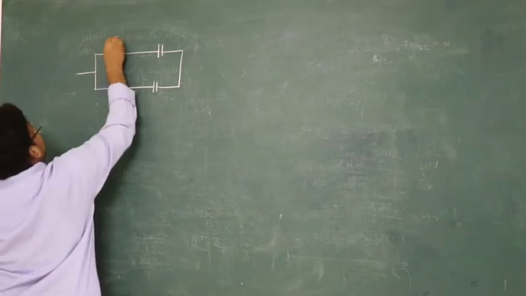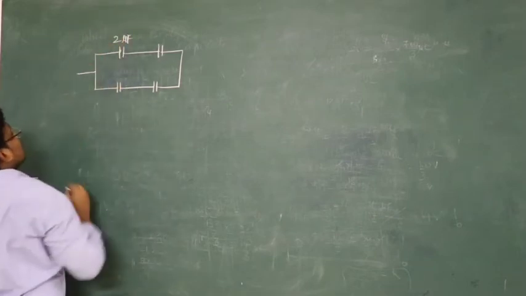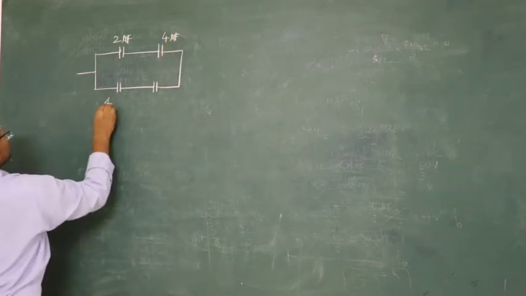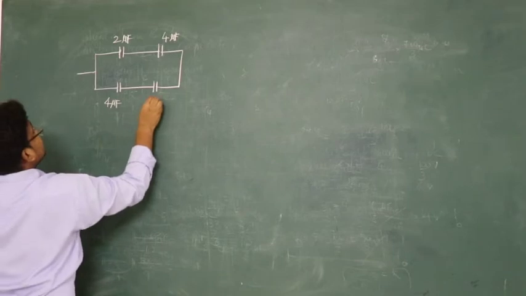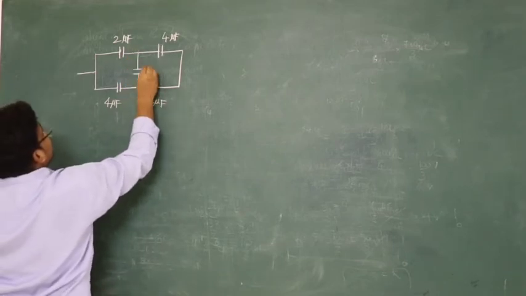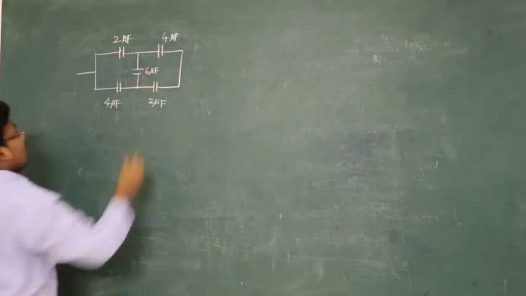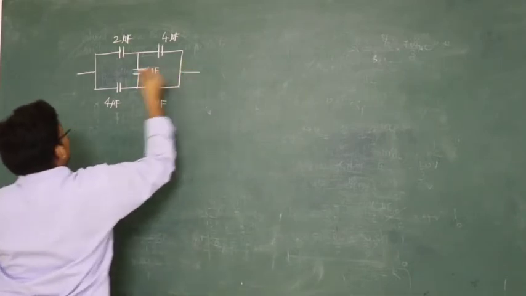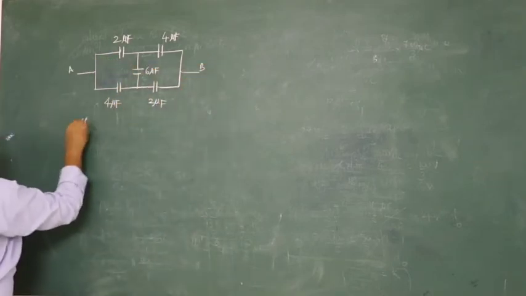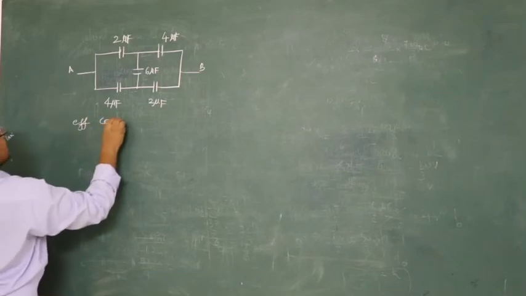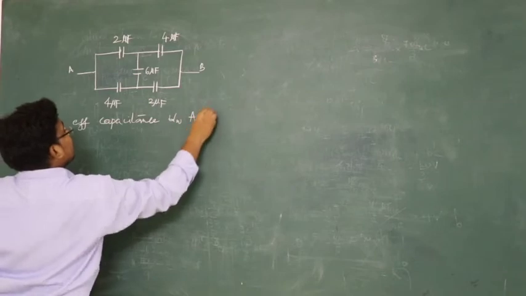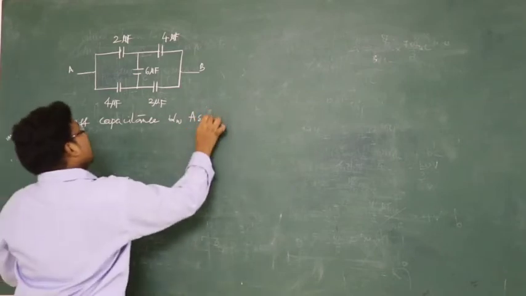Here this is 2 microfarad, this is 4 microfarad, and here it is 4 microfarad and this is 2 microfarad. In between they kept some 6 microfarad. Now they are asking the effective capacitance between A and B.